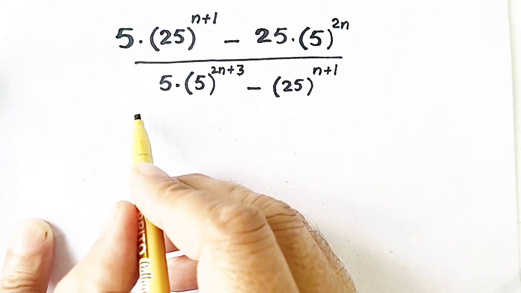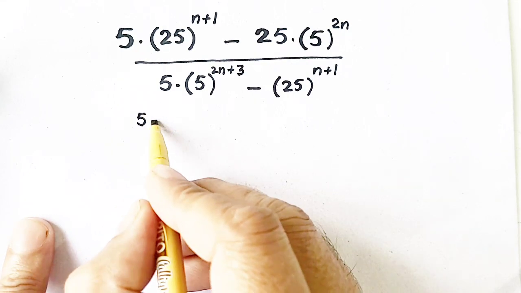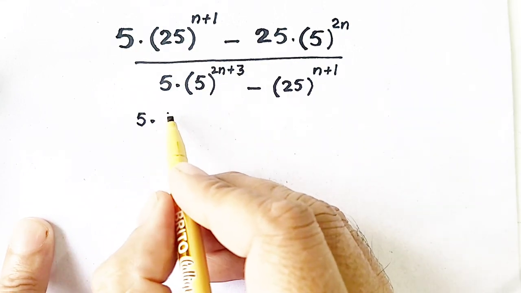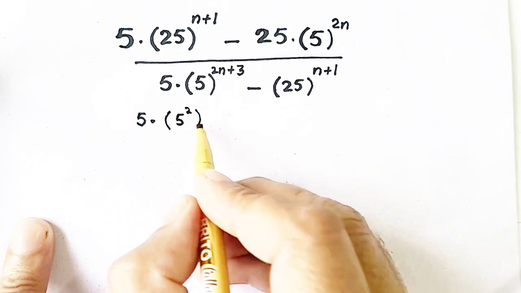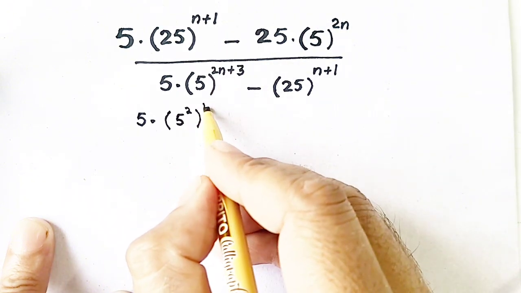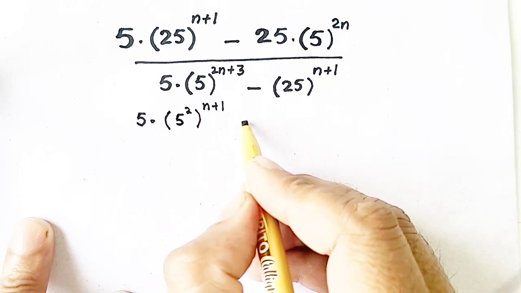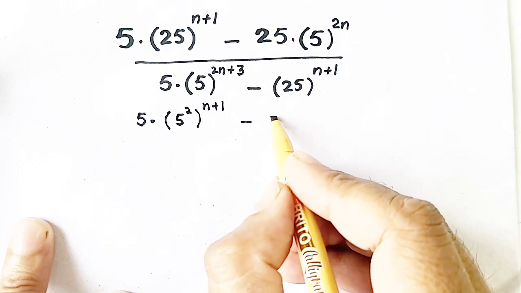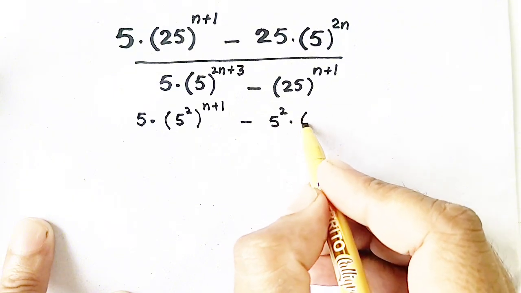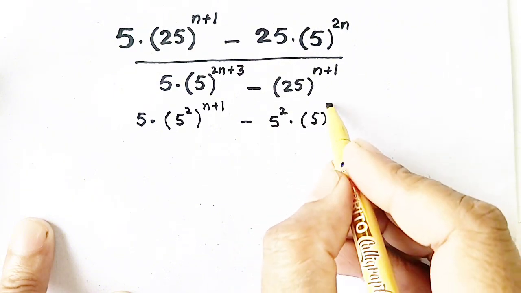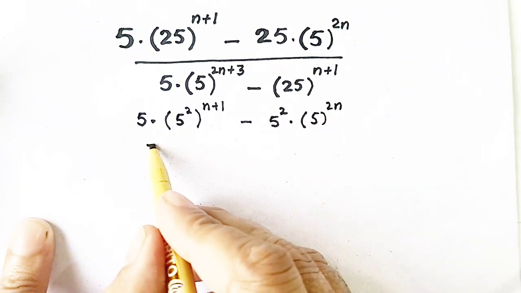So in the numerator, 5 multiplied by 25 can be written as 5 to the power n plus 1 minus 25 can be written as 5 squared, and it has 5 raised to power 1.